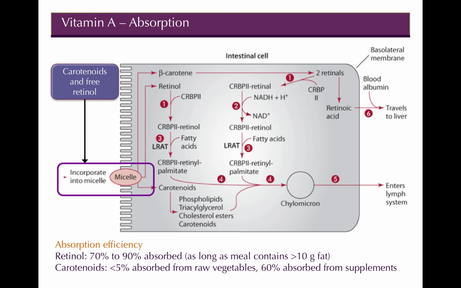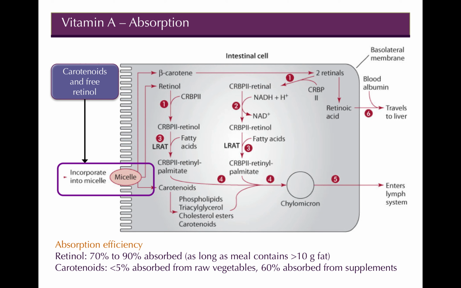Absorption efficiency of retinol is about 70 to 90%. So we can actually absorb most of the vitamin A that we take in. However, if you're consuming a very low fat diet, less than 10 grams of fat, your absorption will go down greatly. But most people do have over 10 grams of fat with a meal, which is pretty typical, so that helps absorption.